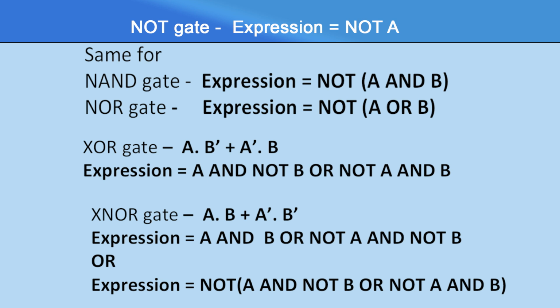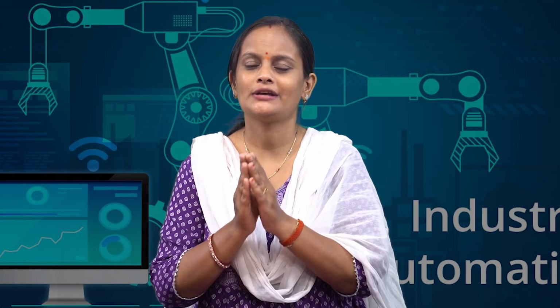So, this is very simple. By this you can generate any gate expression, just by changing the expression value in your light wizard or your output wizard. We have only three: not, and, or, and by using these combinations, we can generate the expression for NAND, NOR, XOR and XNOR.